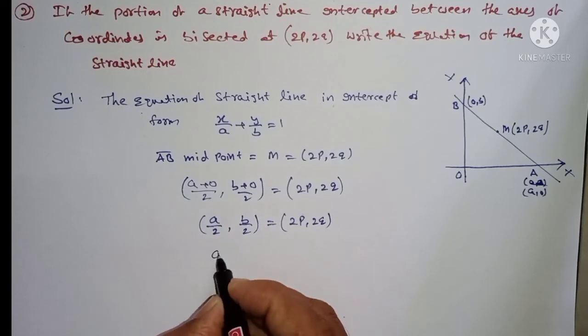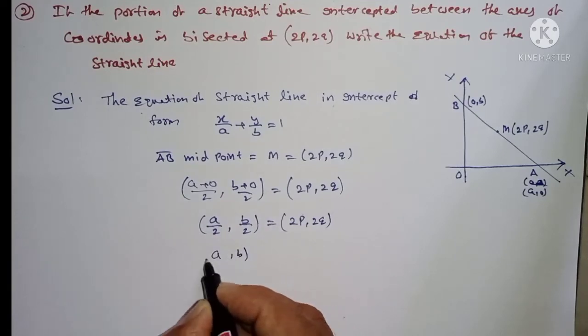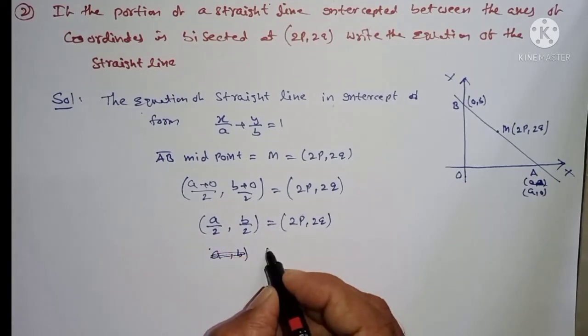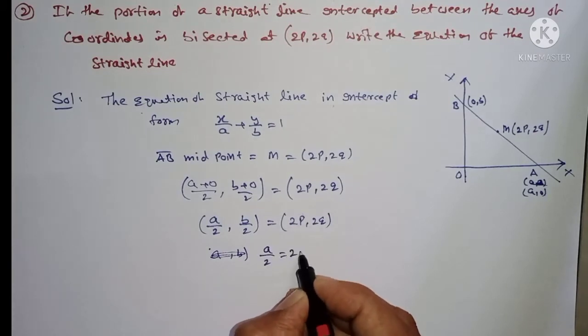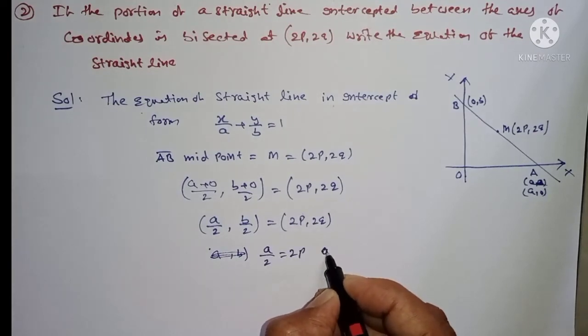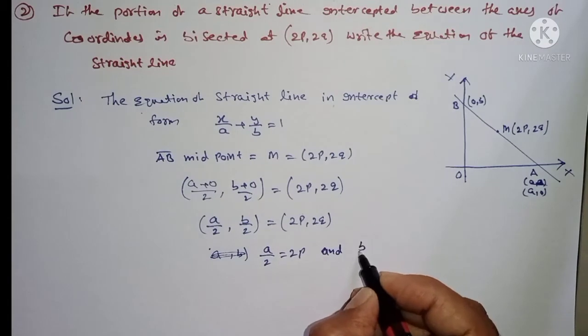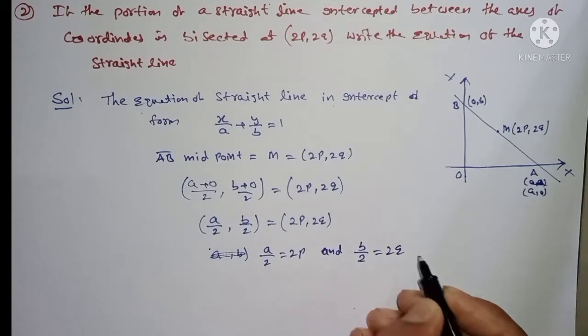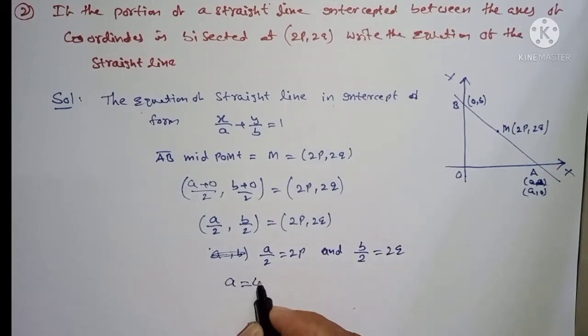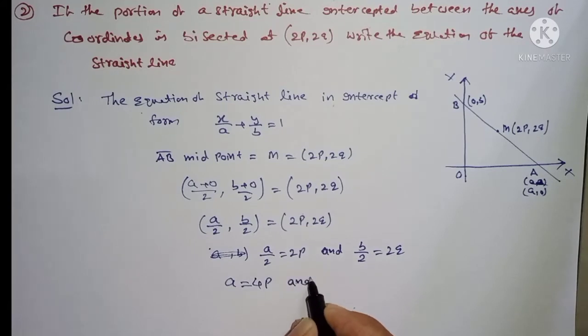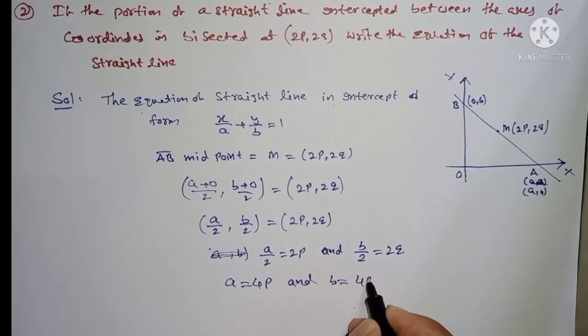Or you can write a by 2 is equal to 2p and b by 2 is equal to 2q. Therefore a is equal to 4p, b is equal to 4q.